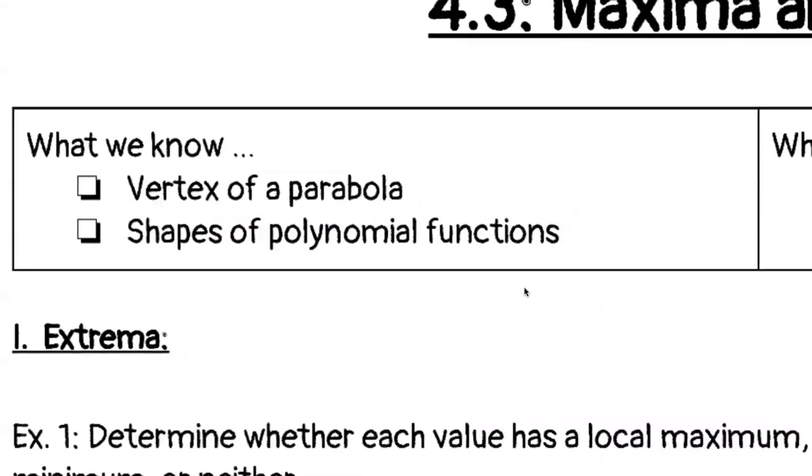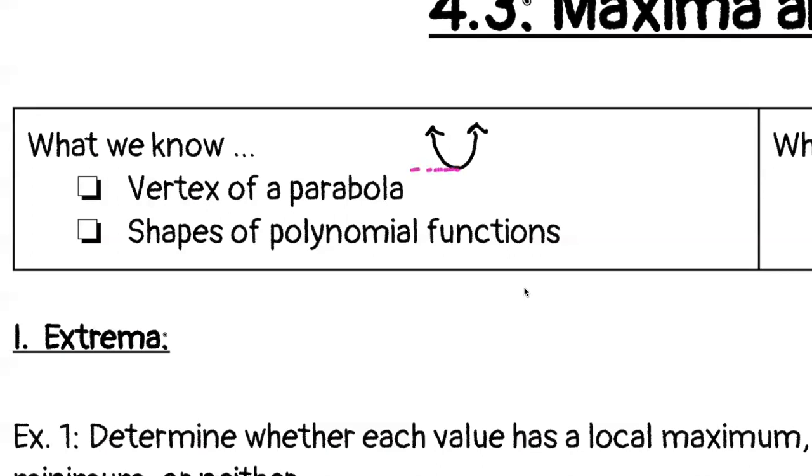Let's talk a little bit about what we know. One thing we know is the vertex of a parabola. Throughout the course, anytime we have a regular upward facing parabola, we know there is a minimum, and that minimum has a slope of 0.